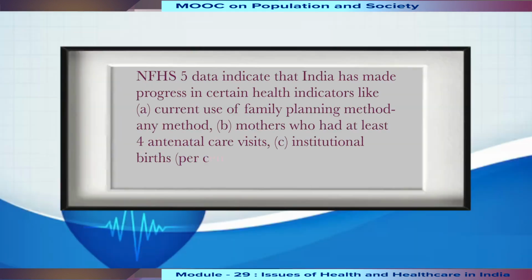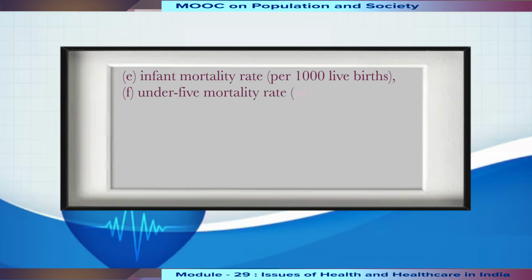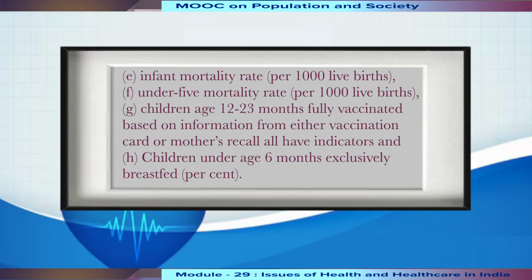NFHS data indicate that India has made progress in certain health indicators like current use of family planning methods, mothers who had at least 4 antenatal care visits, institutional births, neonatal mortality rate, infant mortality rate, under 5 mortality rate, children aged 12 to 23 months fully vaccinated based on information from either vaccination card or mother's recall, and children under age 6 months exclusively breastfed.